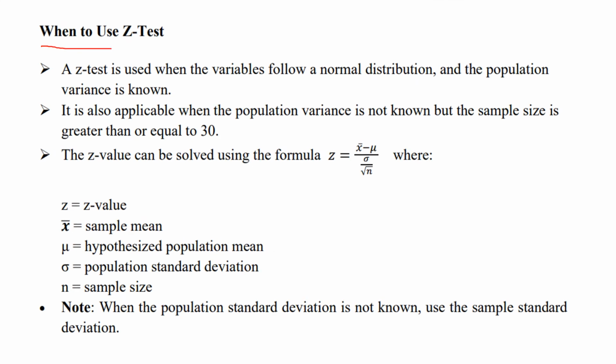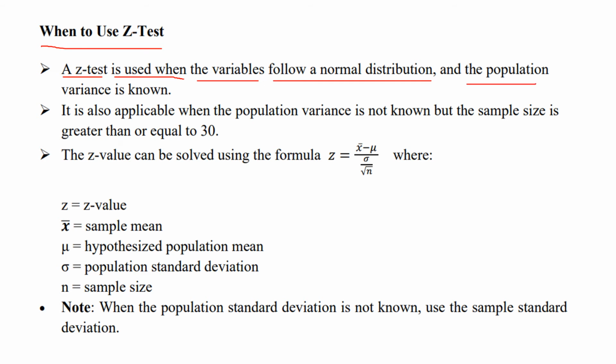So when do we use the Z-test? A Z-test is used when the variables follow a normal distribution. Dealing with a large sample size, we simply use the Z-test and apply the CLT, because the concept of the CLT tells you that even as your n becomes larger and larger, your distribution still becomes normal.